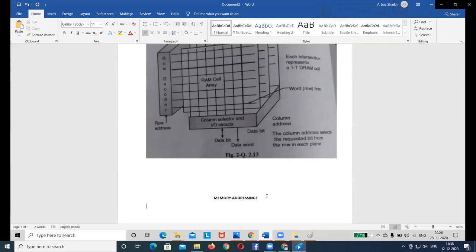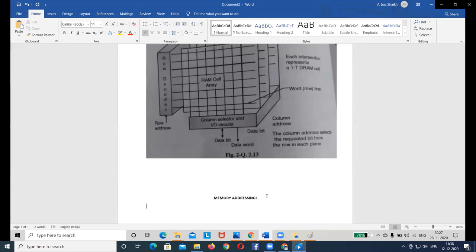It is basically a binary number from a finite monotonic sequence that uniquely describes the memory itself. In modern byte addressable computers, each address identifies a single byte of storage. So a sample of memory addressing is like address 3210, represented in binary.